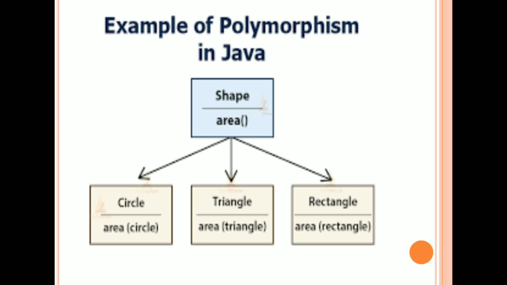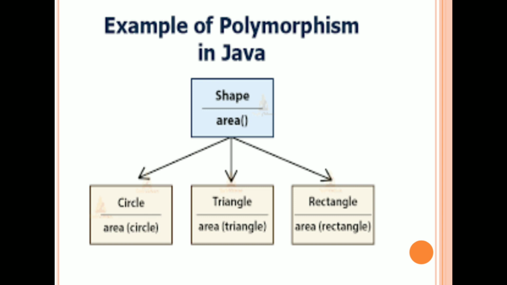In the Circle class, area is a method which takes arguments for finding the area of the circle. To find the area of the circle, the parameter needed is the radius only. Pi is a fixed value, so we need not take that.